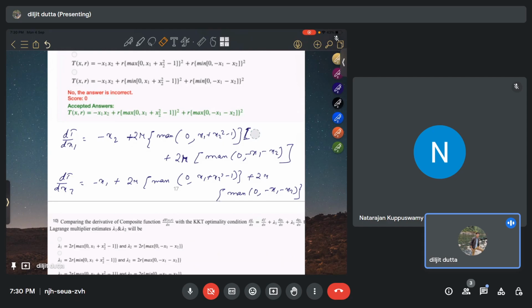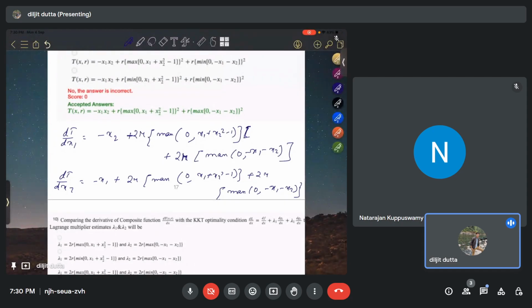So we took the derivative of the maximum function, then the derivative of this variable with respect to x1 will be what? 1. So this is comparable to del g1 by del x1. And here also, this will be multiplied by the chain rule again.